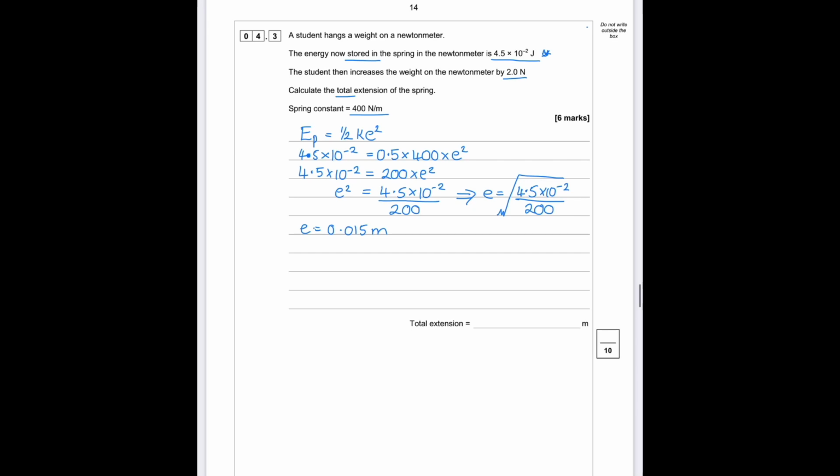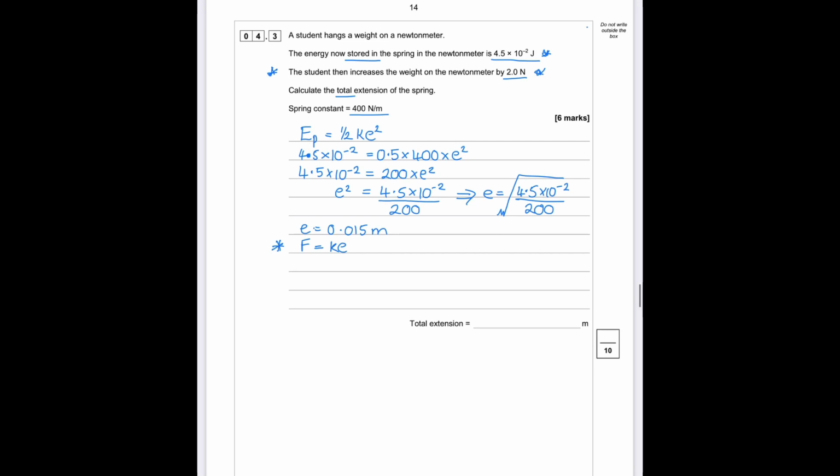However, for the next part of the question, we were told here that the student then increases the weight on the Newton meter by 2 newtons. So now we're going to have to use the second equation, which is one of the ones that we are supposed to learn, and that is that force equals the spring constant times extension.